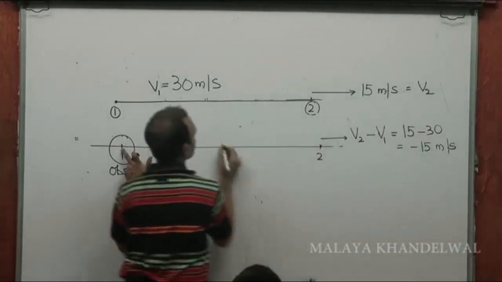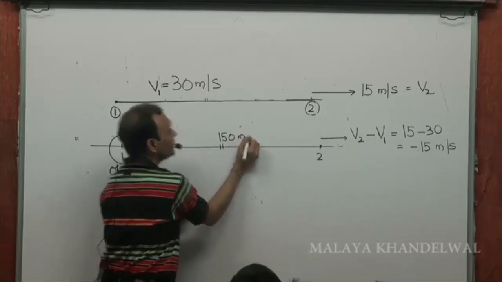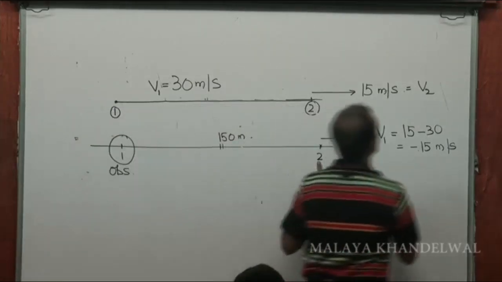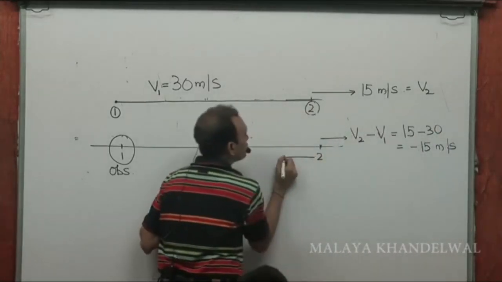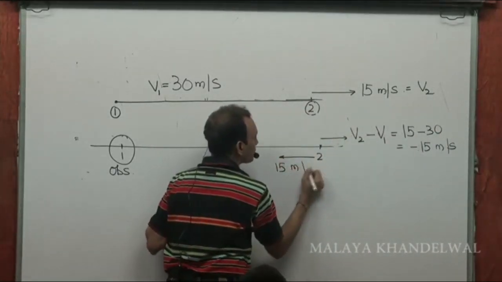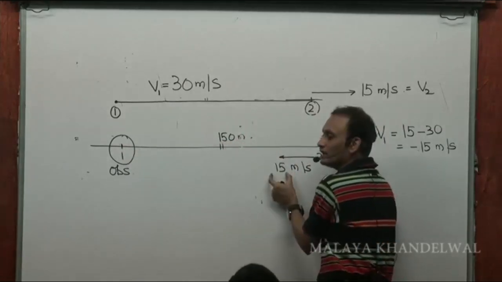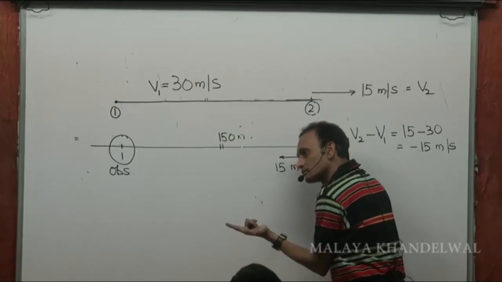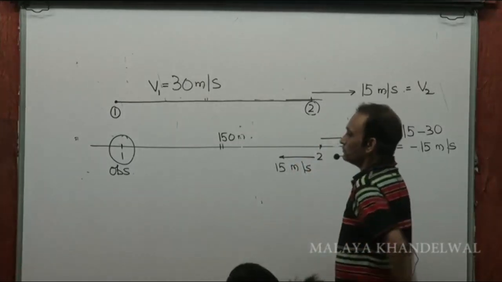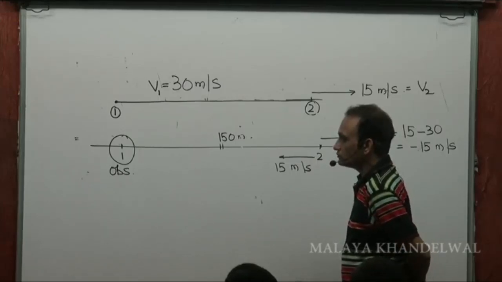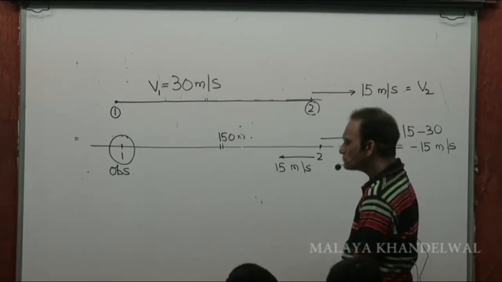So it's as if O is an observer. Their original separation was how much? 150 meters. Right? If this is an observer, this is 2, which now has minus 15 meters per second to the right, which is the same as saying 15 meters per second to the left. And then the time taken for 2 to catch up on 1 would be 150 by 15, which is 10 seconds. If we are not inverting the direction, suppose we say that the velocity is equal to minus 15, so the displacement also has to be minus 150.